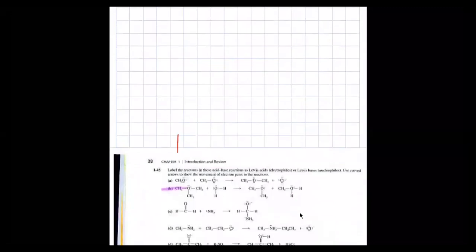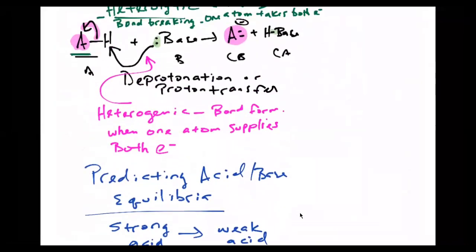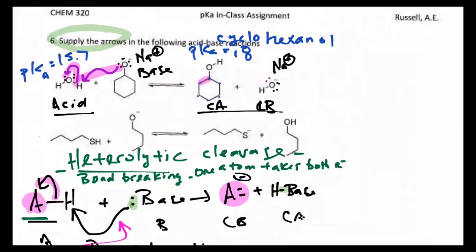Thank you. Okay, let's go back to our example down here. So let's look at the top reaction. If the pKa of water is 16 and the pKa of cyclohexanol is 18, which one of those is a better acid? Cyclohexanol. Think about what you're saying now. By better acid, I mean more readily giving off its H plus.